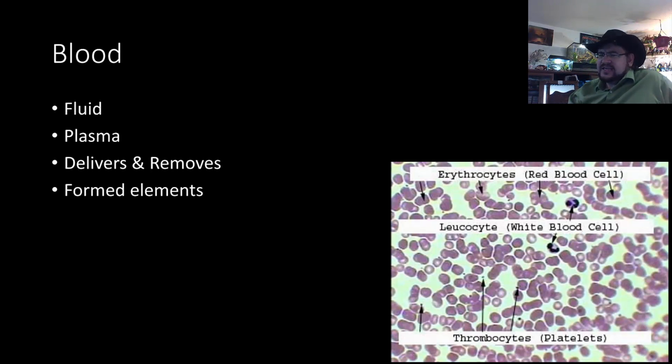We need a fancy term. So that term is erythrocytes. Erythrocyte is a red blood cell. It is the most numerous formed element in the blood because it's carrying the oxygen. You need a lot of oxygen to run a body.